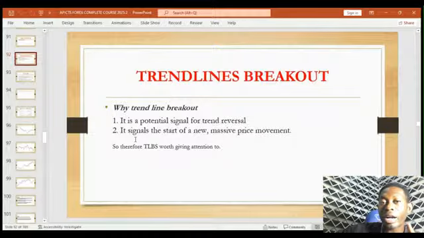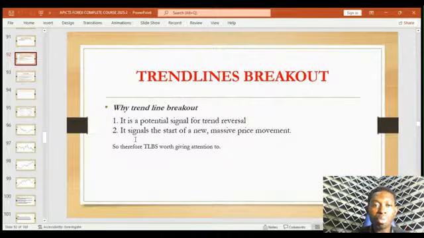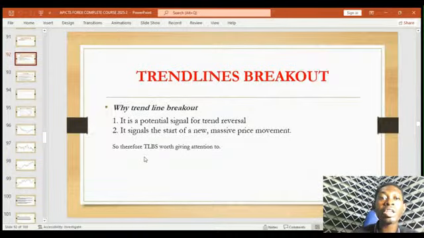So trend line breakout could signify the beginning of a new trend. And number 2, it is the start of a new massive price movement. Therefore, trend line breakout strategy is worth giving attention to.